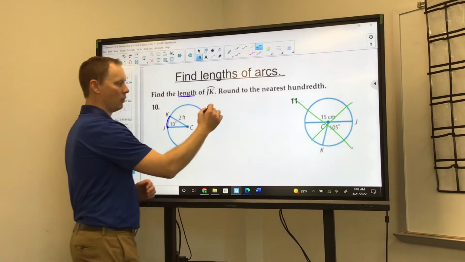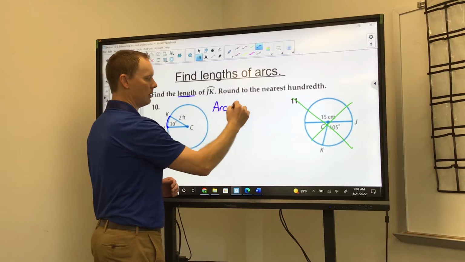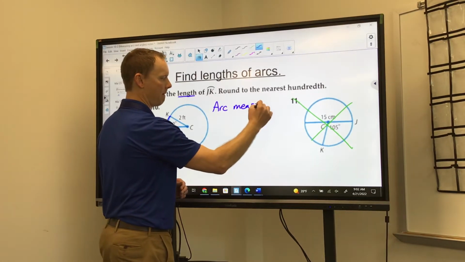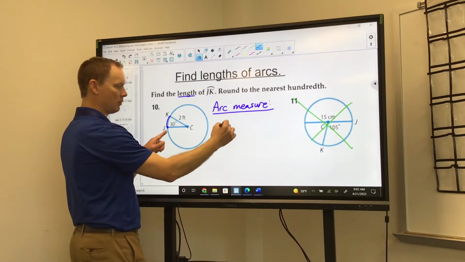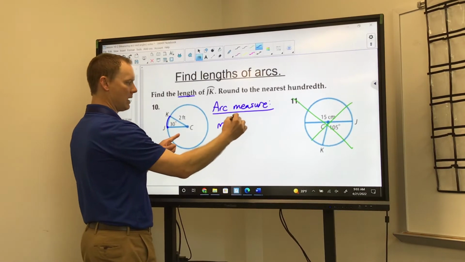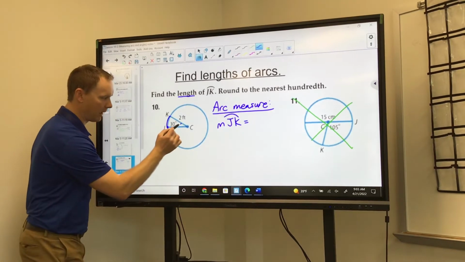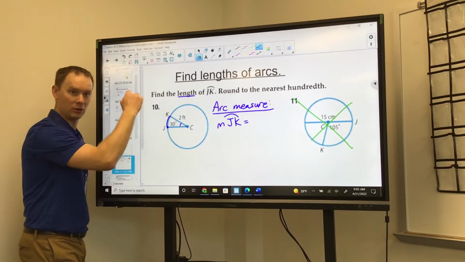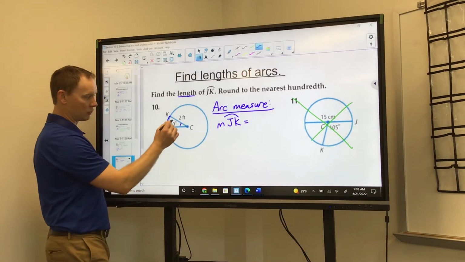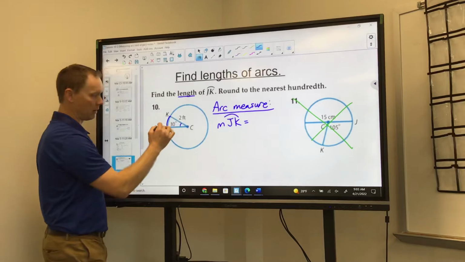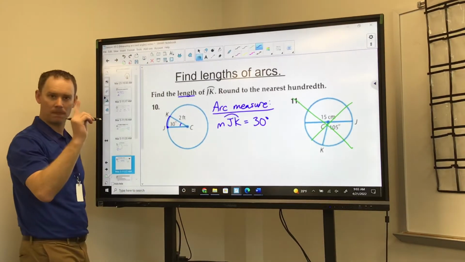Right now we've already talked about arc measure, the degree measure of arc JK. Remember how we said that was the same as the central angle measure? I already told you that a few minutes ago. So because this central angle measure is 30 degrees, the arc measure of JK is also 30 degrees. Okay?